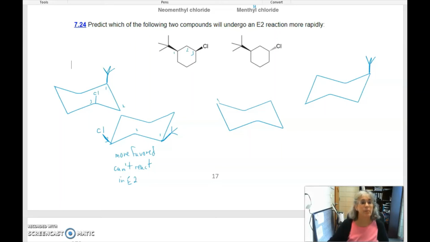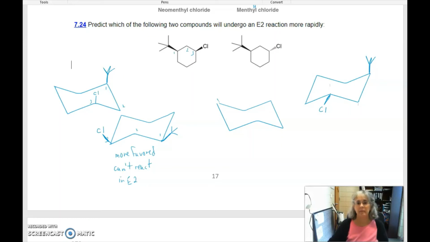This one's axial and up. This one is axial and down. This one is axial and up. So this one will be equatorial and down. So equatorial and down from here, equatorial and up here, equatorial and down here.